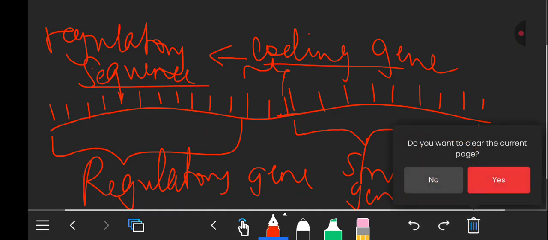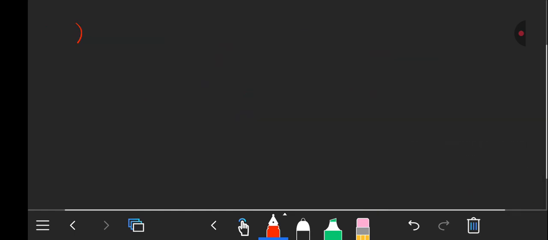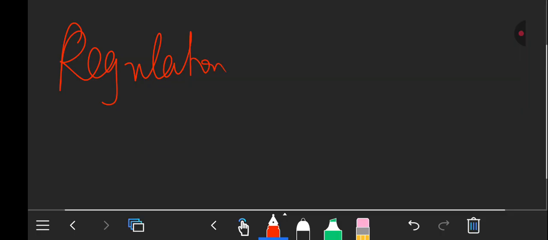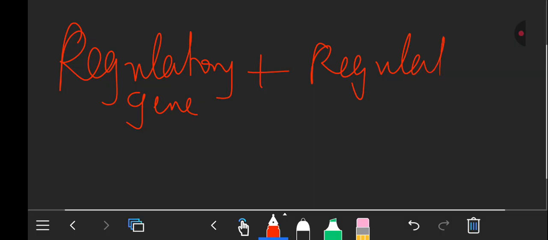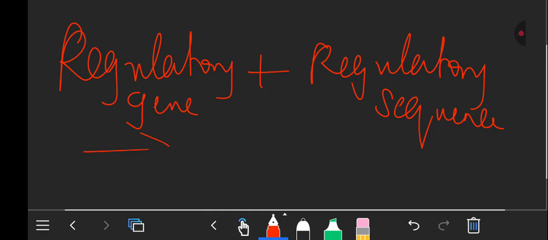So we are saying that if you combine the regulatory gene and also the regulatory sequence, this is able to produce what we are calling the regulatory DNA.